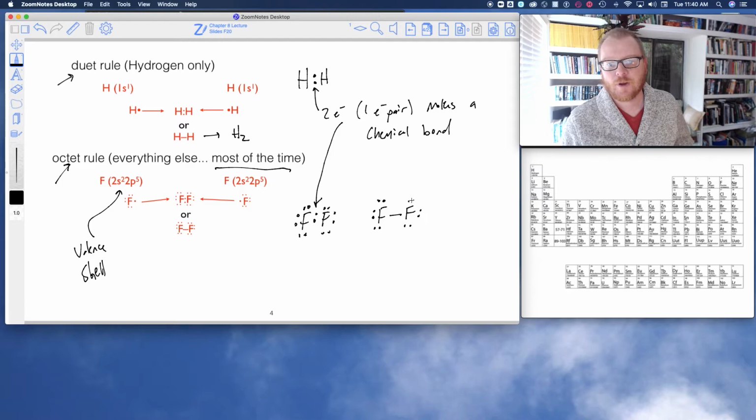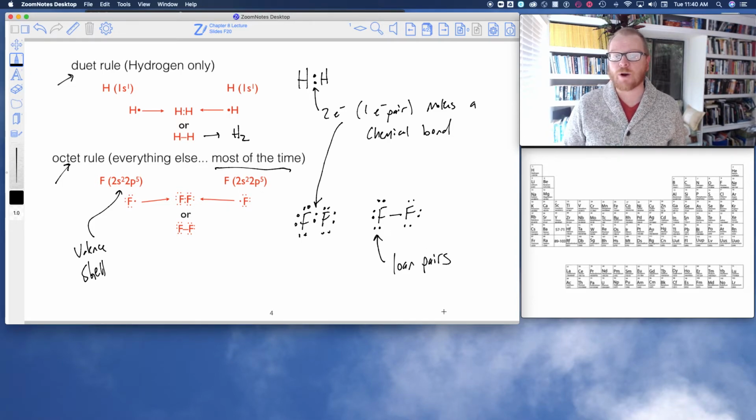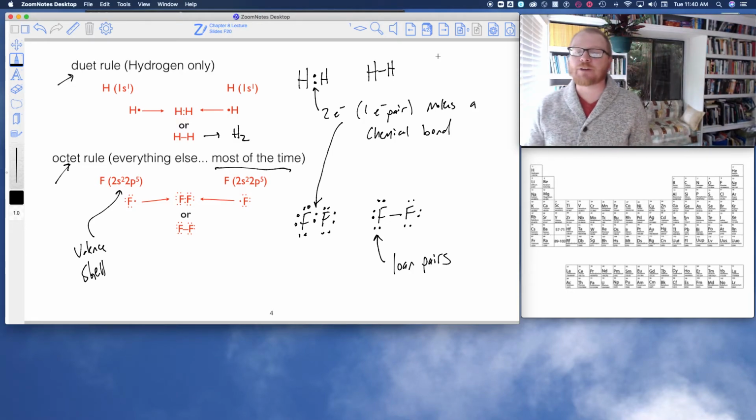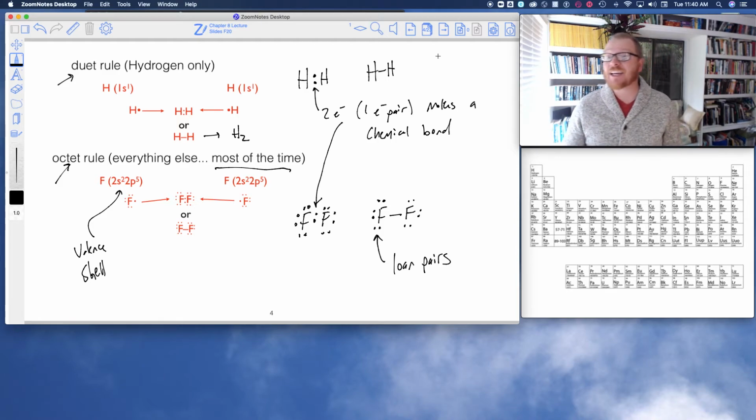We have to draw those around the atoms to get the Lewis structure correct, and we call those lone pairs. Those are really important to chemistry, as we shall see. Hydrogen doesn't have any lone pairs because it can only take 2 electrons.